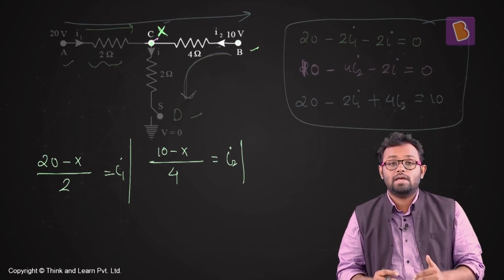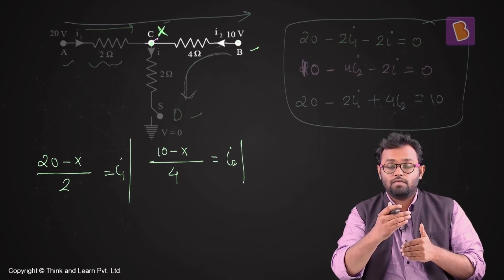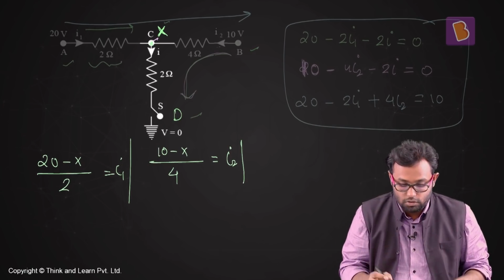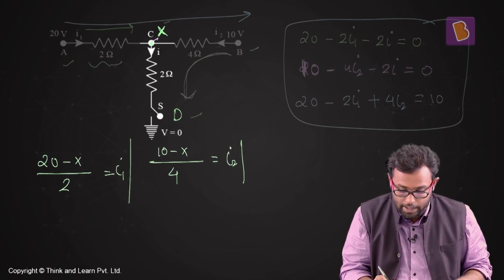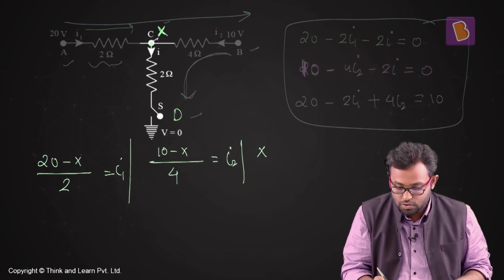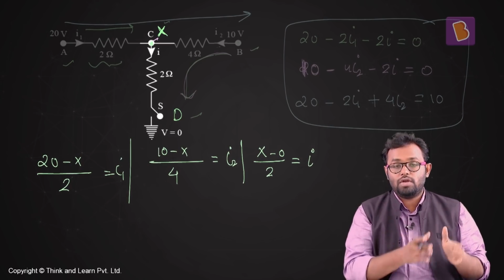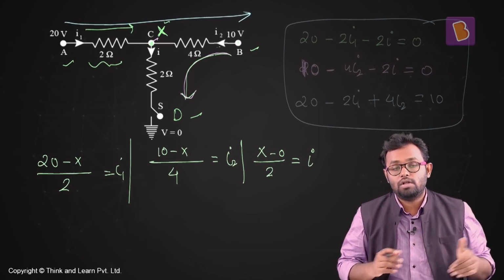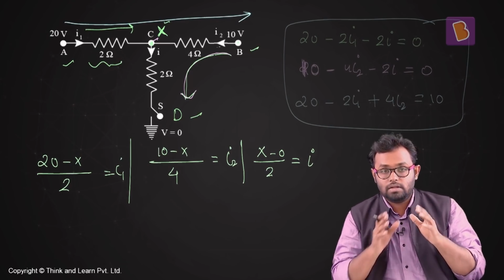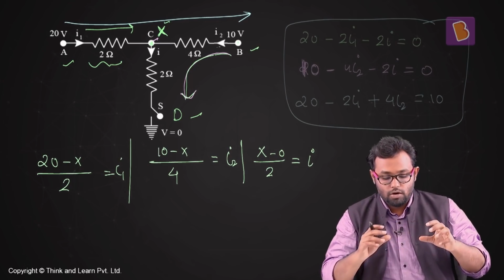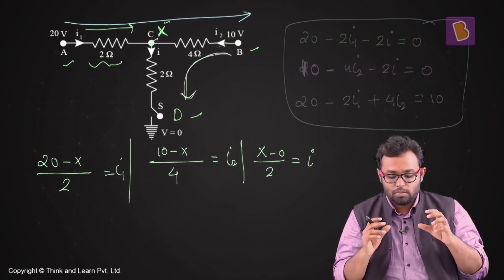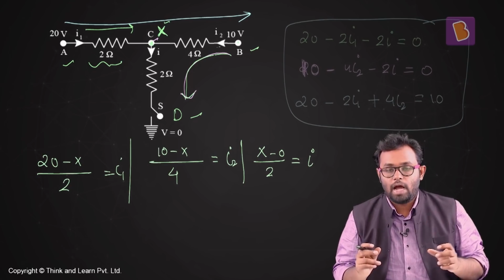And the same thing I can say for the branch C to D. For C to D, I can say that X, the potential at C minus potential at D, which is 0, divided by the resistance, which is 2, should be equal to the current, which is I. So I've got 3 equations again, but all these 3 equations are in one variable X. And if I could somehow find a connection between I1, I2 and I, I'll be able to solve this.